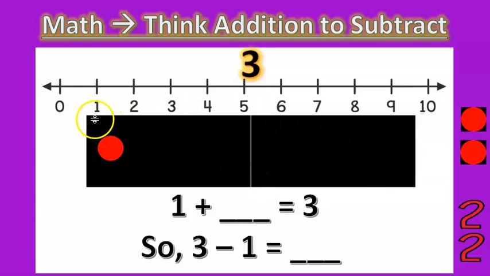But look, you have one red dot here, one red circle. Since you only have one red circle, one is here, okay? So one red circle, you gotta put one here, okay?